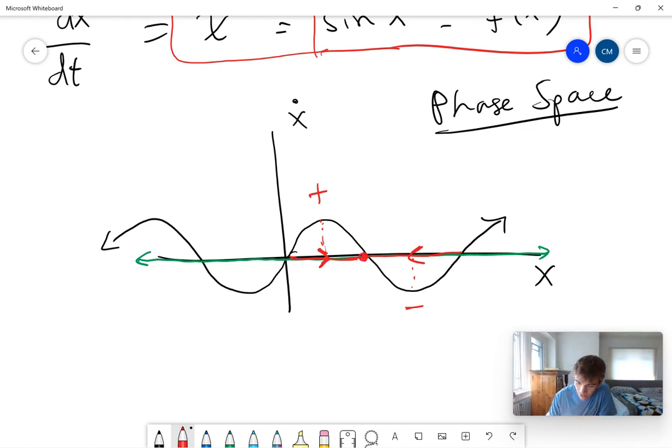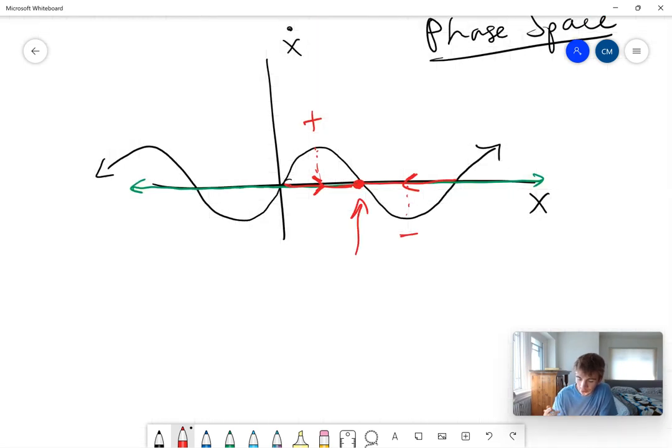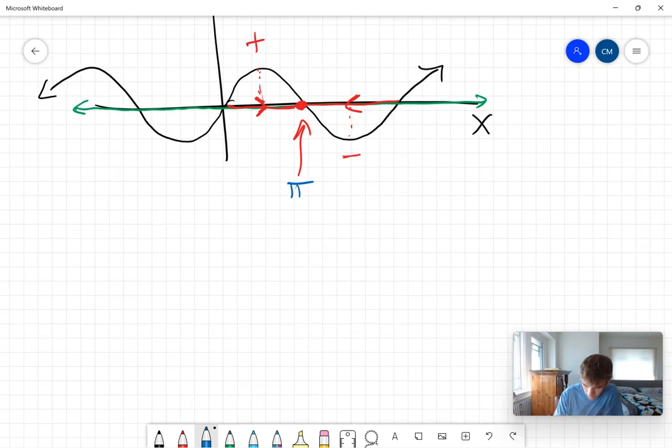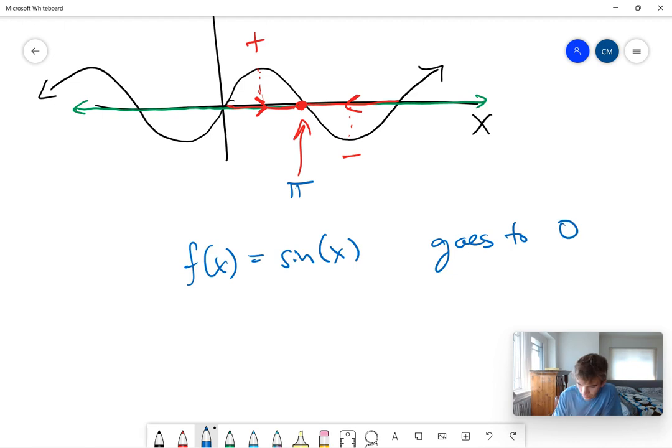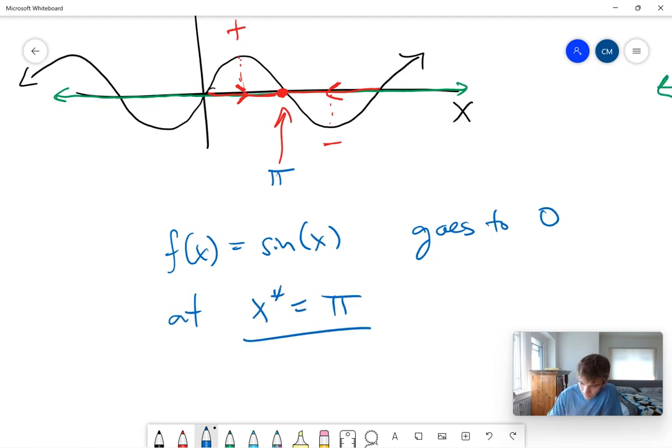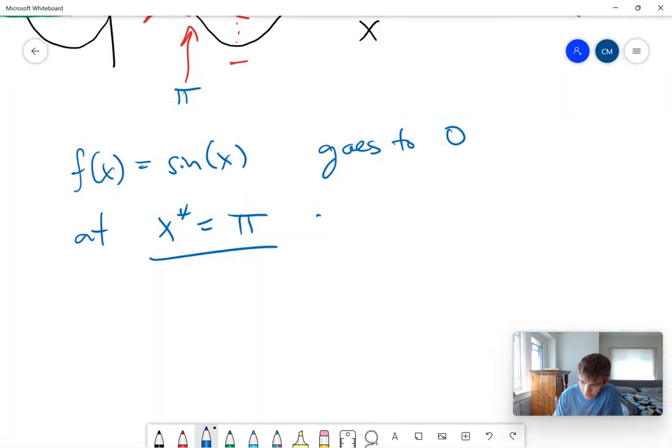And now you see that they're going to converge on this point here, which should be pi. Essentially, f of x equals sine of x goes to 0 at x star equals pi. So we call this a fixed point.